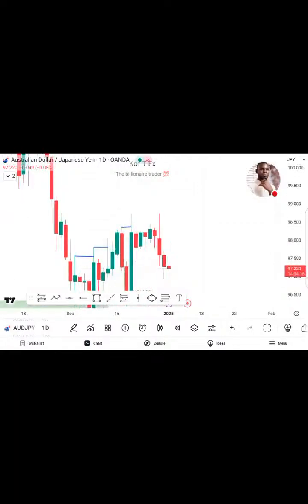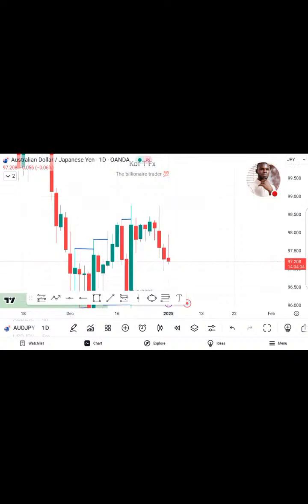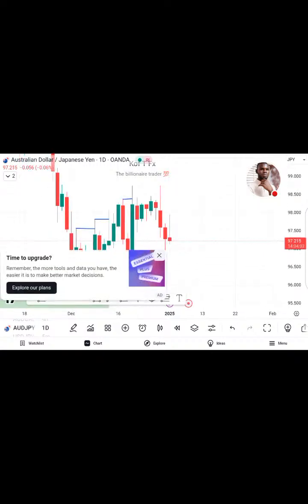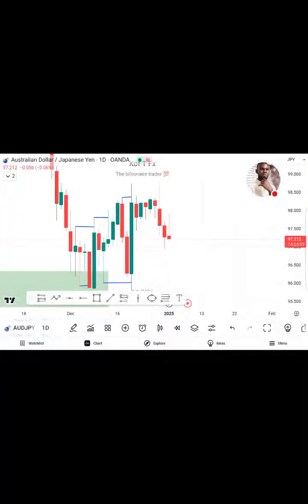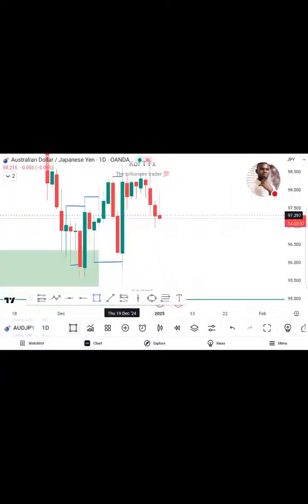Now, we are having a retracement. We are having a retracement now, back to the demand zone. This is the time frame demand zone, but for refinement, I consider this week zone instead.